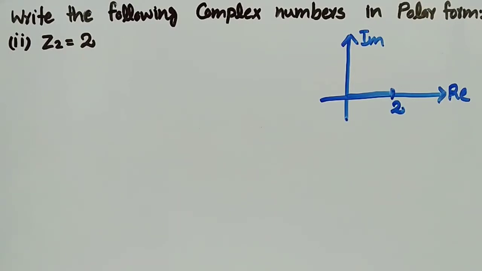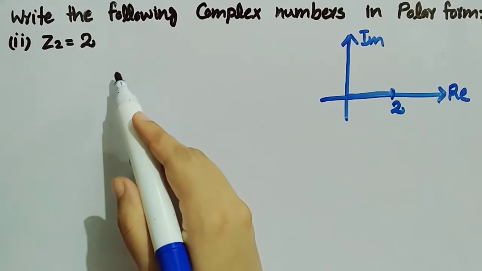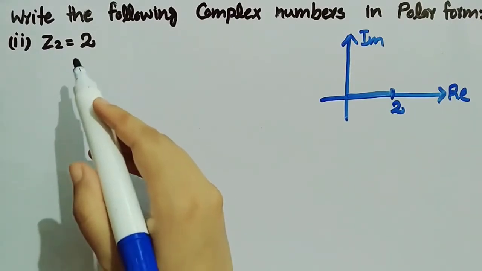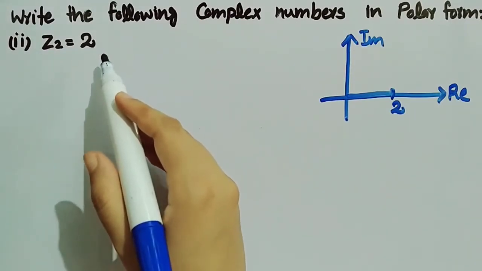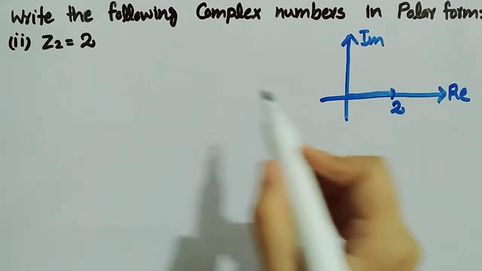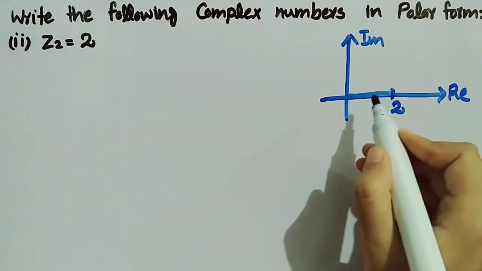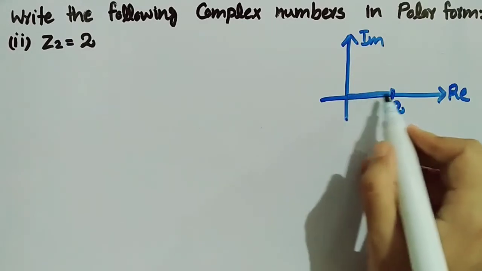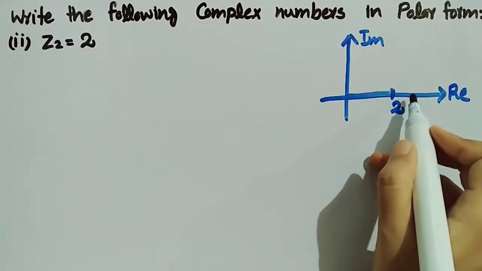Now consider the second example in which the complex number z2 equal to 2 is given. In this example, the imaginary part is equal to 0 and the real part is equal to 2. So the complex number z2 is on the positive real axis.